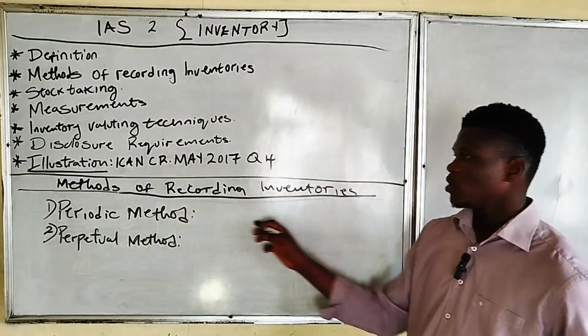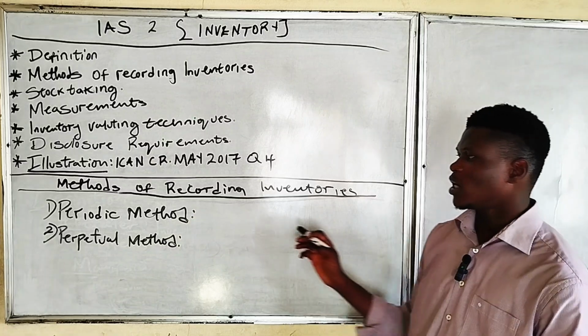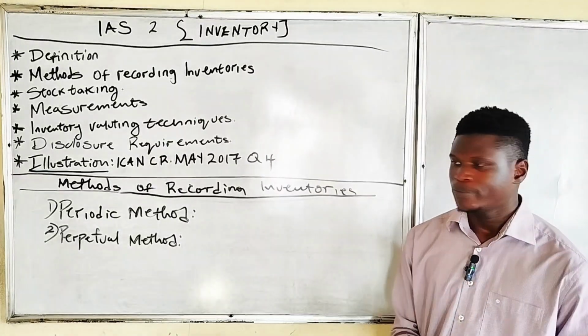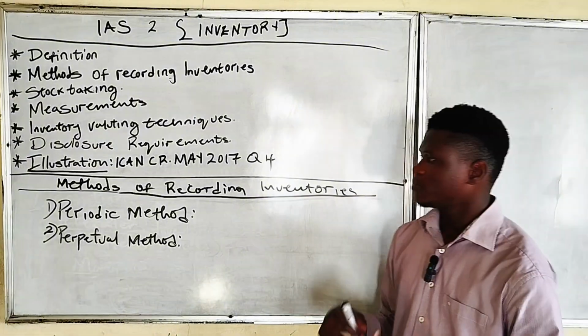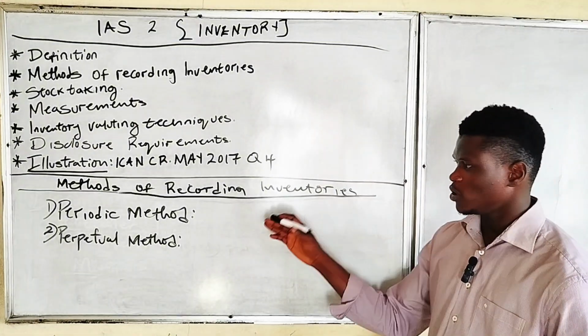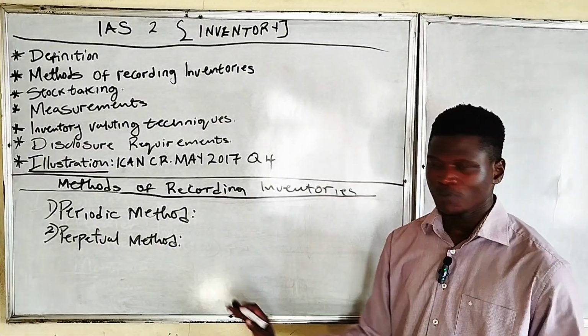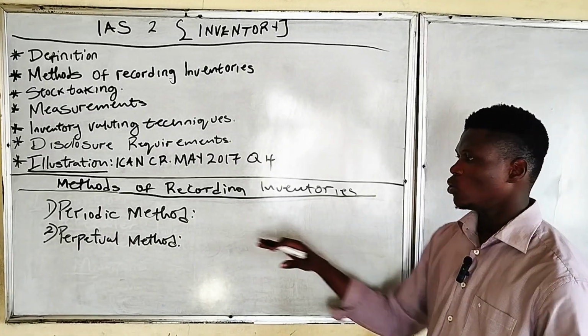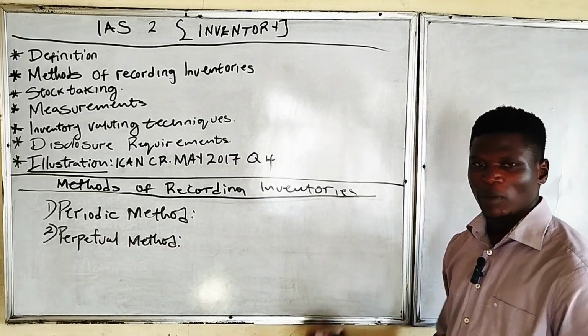For the periodic method, inventories are recorded only at the end of an accounting period. Entities are allowed to record their inventories using these two methods. So they can either record inventories using the periodic method or using the perpetual method.